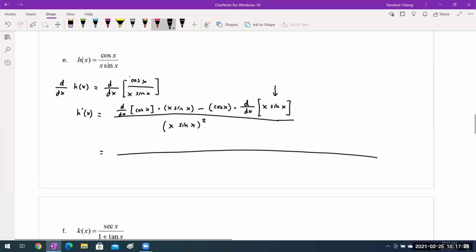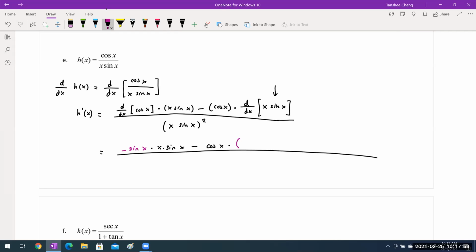The derivative of cosine x is negative sine x times x times sine x, minus cosine x times, now this is what I need to do, the product rule. So when you use the product rule, I'm going to put parentheses.